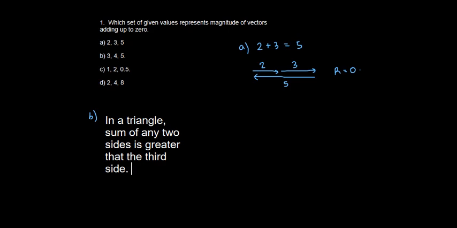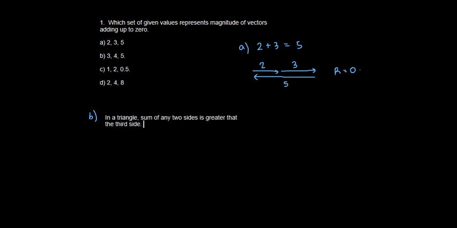What it means is, in a triangle, if you take any two sides, its sum is always greater than the third side. So if this condition is fulfilled, then the three numbers will actually form a closed triangle.